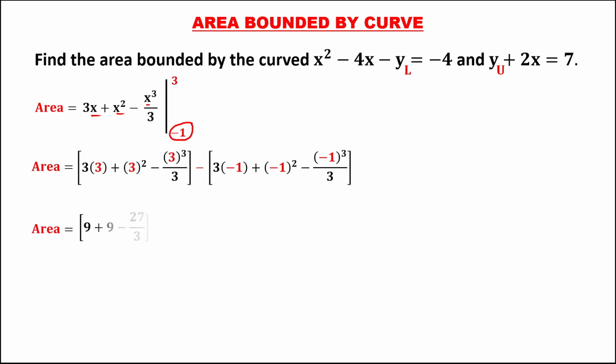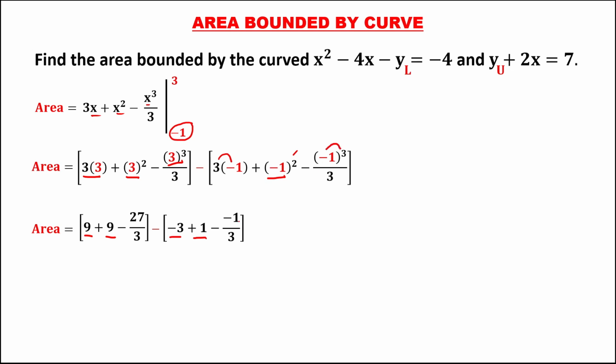Then to simplify, 3 times 3 is 9. 3 squared is 9. 3 to the power 3, that's 27. Then minus, 3 times -1 is -3. -1 to the power 2 is +1.